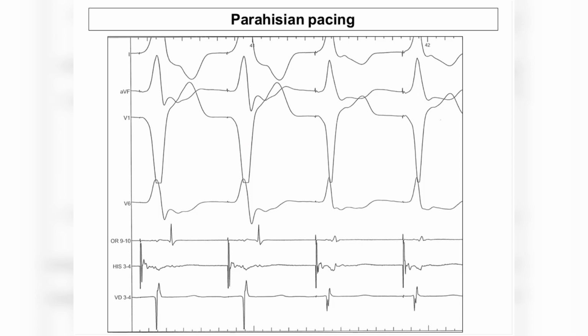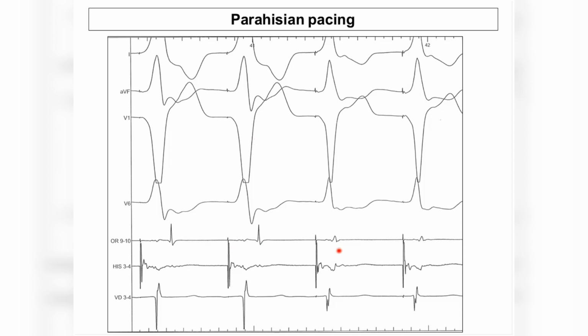When we go to 4 milliamps eventually, we see a big change in the QRS, and not only the morphology, but particularly the width. Now, this QRS is obviously narrower than the QRS here. Now, what we have to do is to look at what is the reflection of this change in the QRS morphology in the VA interval.